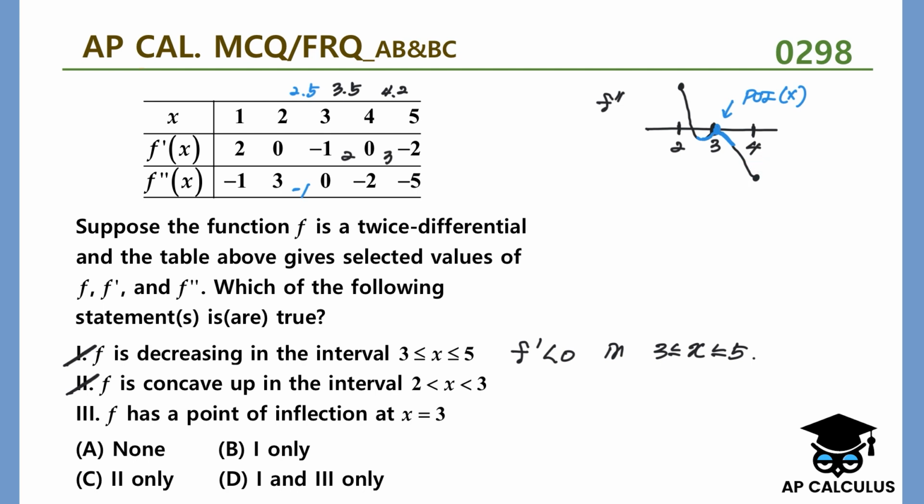Before 3, it's not always positive. After 3, it's not always negative. Do you guys see that? So we cannot conclude that this is a point of inflection. Okay? So this is also not true. So the answer for question 298 must be A. Okay?